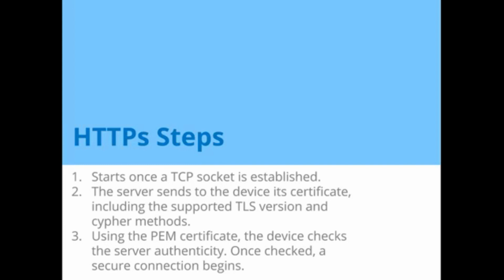If the device does not validate the server certificate, it assumes that the server is not the one it claims to be. For example, if you send data to Ubidots and the server answers with a wrong certificate, you are not sure that you are sending data to Ubidots, so you avoid sending data there. And once you check the certificate, you begin a secure connection using HTTPS.